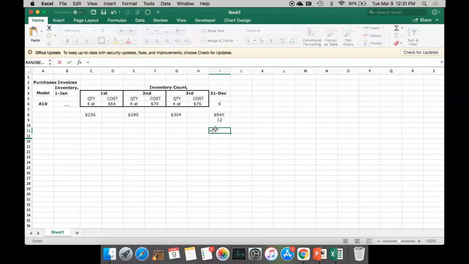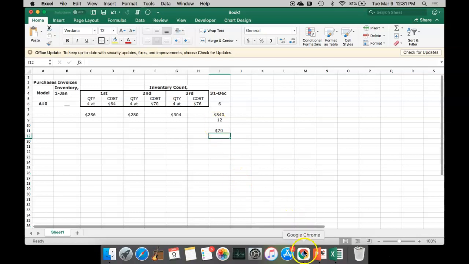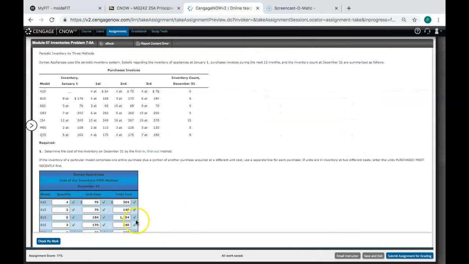We take the total cost of everything purchased, divide it by the number of units purchased, and it's going to give us our weighted average cost. So now let's go take a look at how we're going to apply that on the spreadsheet. Okay, so now we know we have the weighted average at 70.